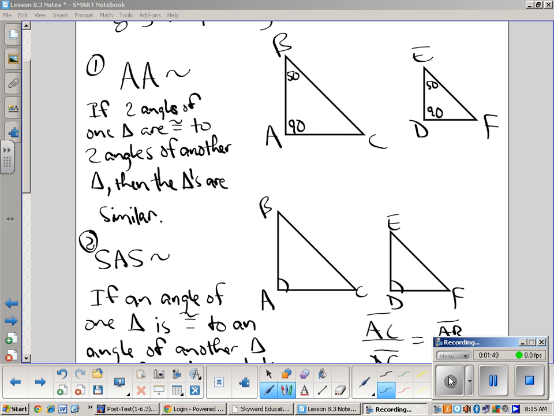Three ways to prove triangles are similar. AA says if two angles of one triangle are congruent to two angles of another triangle, then the triangles are similar. It doesn't mean they're congruent, it means they're similar. Similar means they have the same shape. Okay?